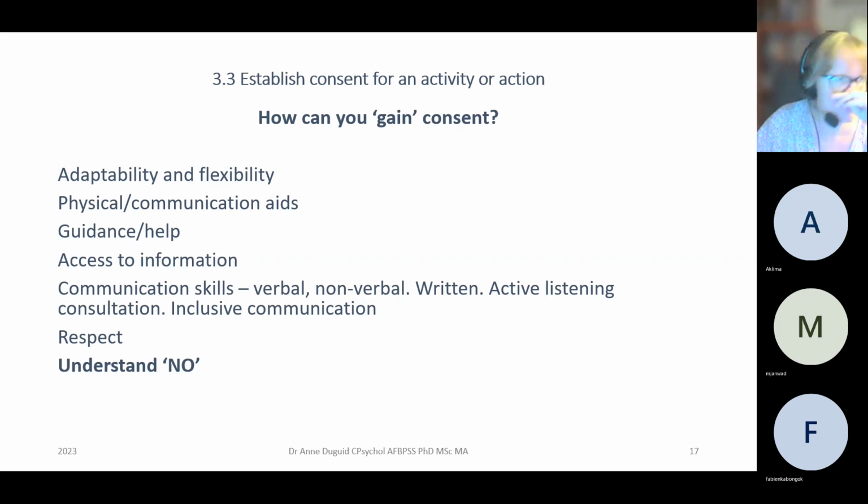And you've got to understand no. It's very interesting how many people do not understand the word no when it doesn't fit what they want. Now, there are going to be more extreme cases. Say someone is a Jehovah's Witness and they don't believe in blood transfusion, and the hospital takes them to court because they refuse the transfusion for their child on religious grounds. That's extreme. You're not likely to find much of that in your practice.